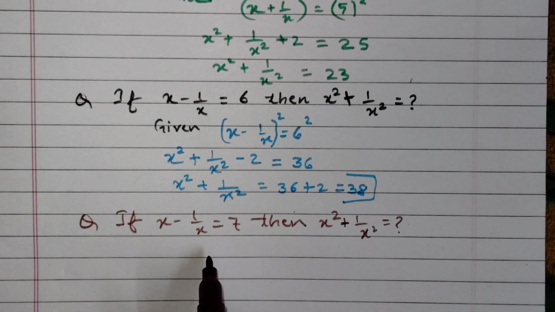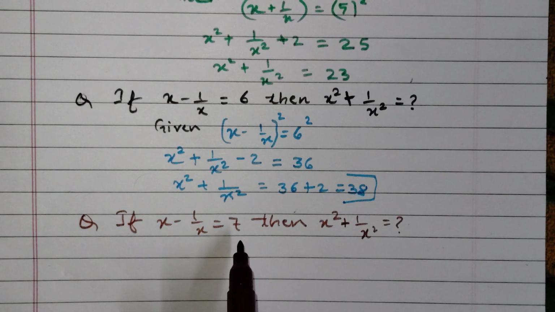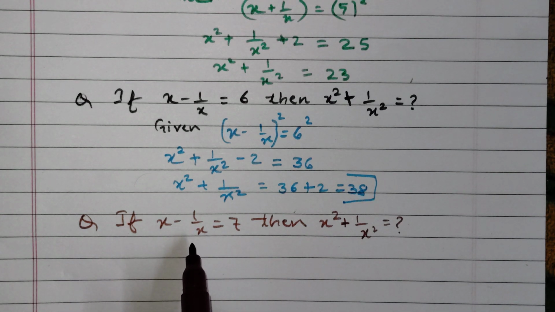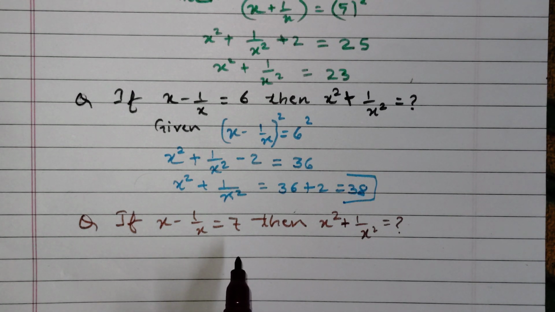How? We know that squaring both sides of this term gives us 49 on the right hand side, and x square plus 1 upon x square minus 2 on the left hand side. So that minus 2 transposed to the other side becomes plus 2.